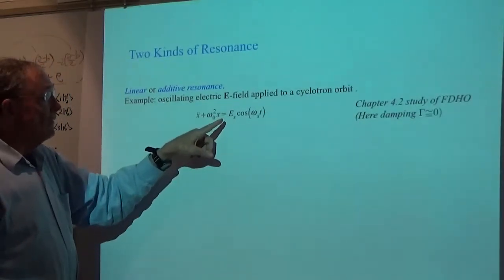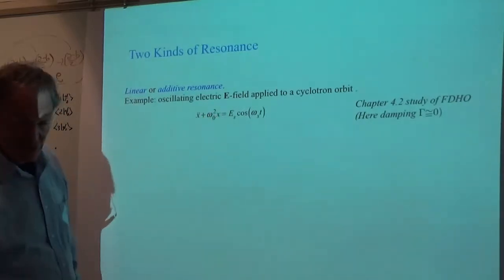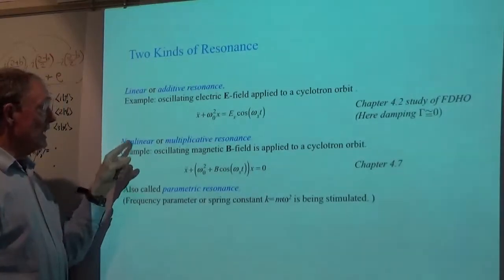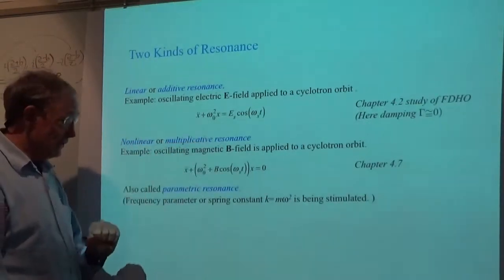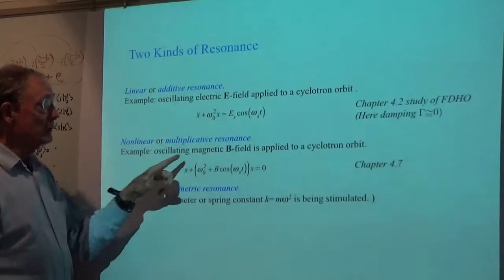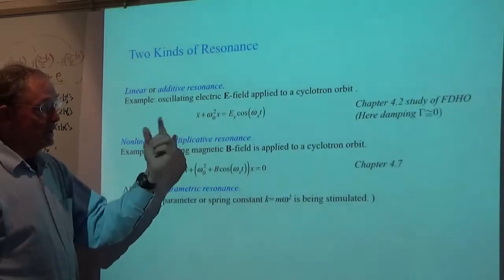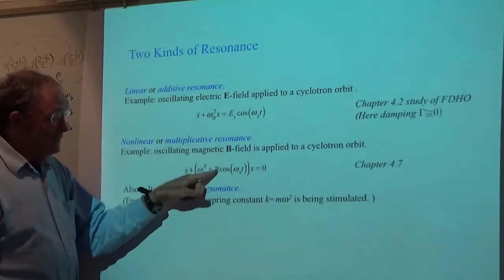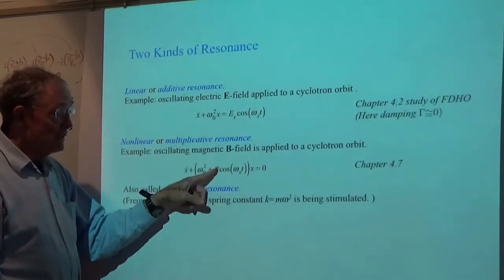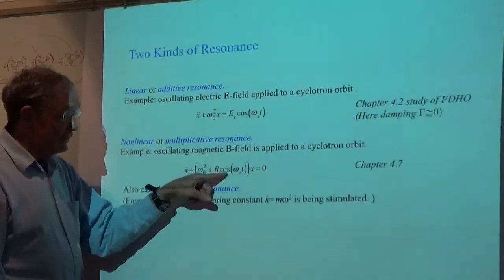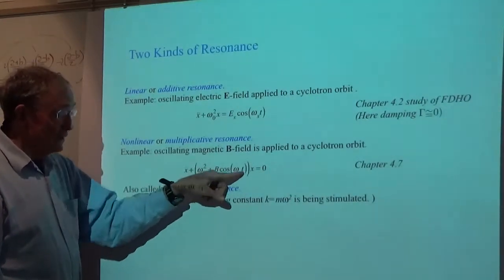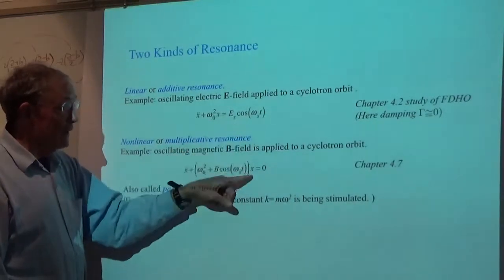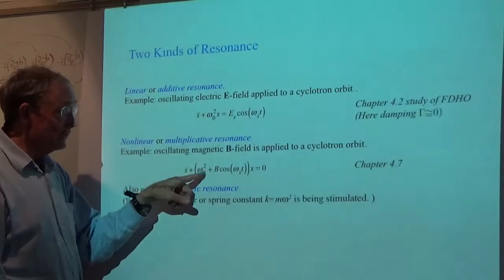This is to be contrasted with nonlinear or multiplicative resonance. For example, we're talking about the magnetic field making a cyclotron orbit. If you want to change the B, that's a parameter now, and the oscillation associated with it, if you're going to wiggle it, is multiplying, not adding to, the oscillation in progress.